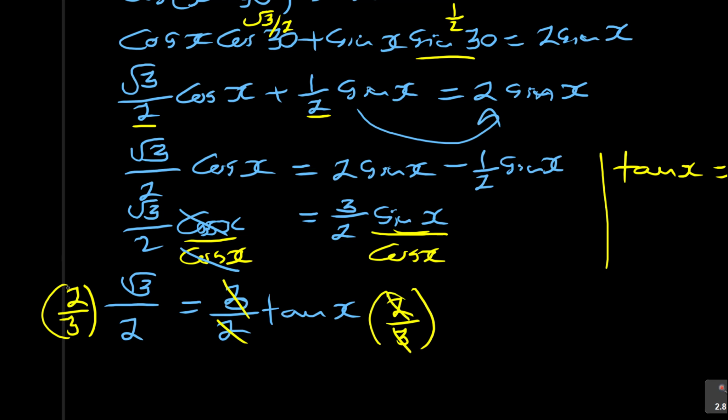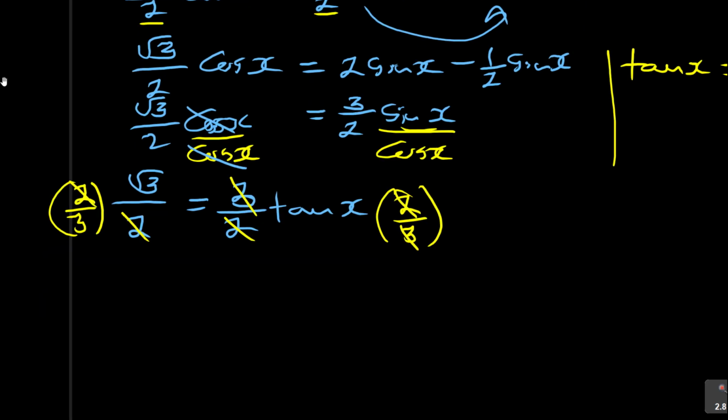Then even here the 2 goes, and my answer will be square root of 3 over 3 is equal to tan x. Then I can find now what is my x.